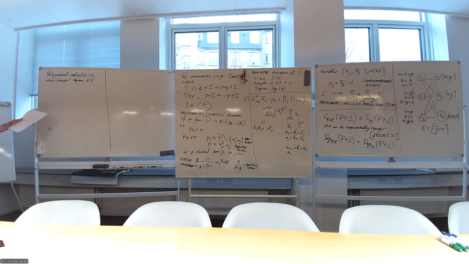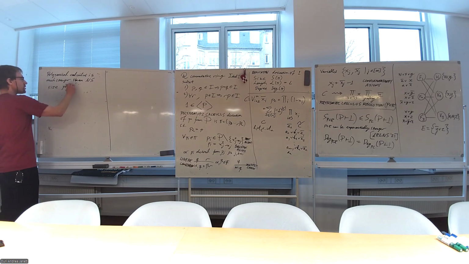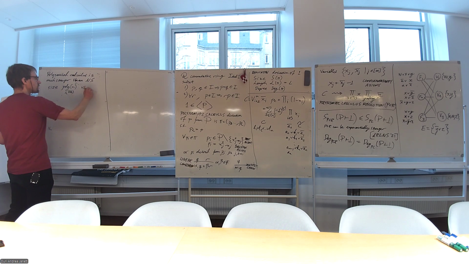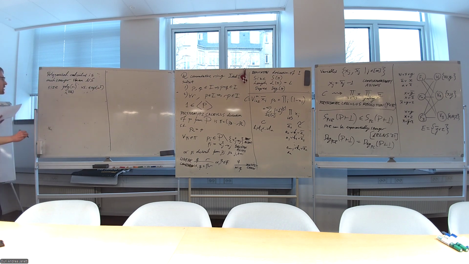And I'm not going to prove this either, but it sort of motivates why we want to talk about polynomial calculus. In terms of size, we can get polynomial in n. I'm sometimes going to use this notation poly n. That just means n raised to some constant, versus exponential in some n to the delta.